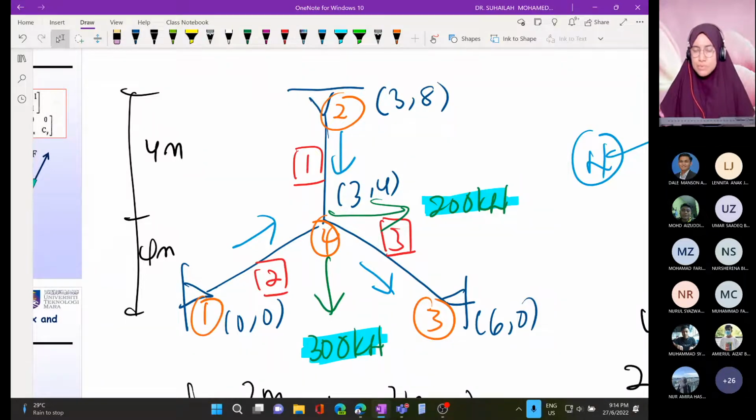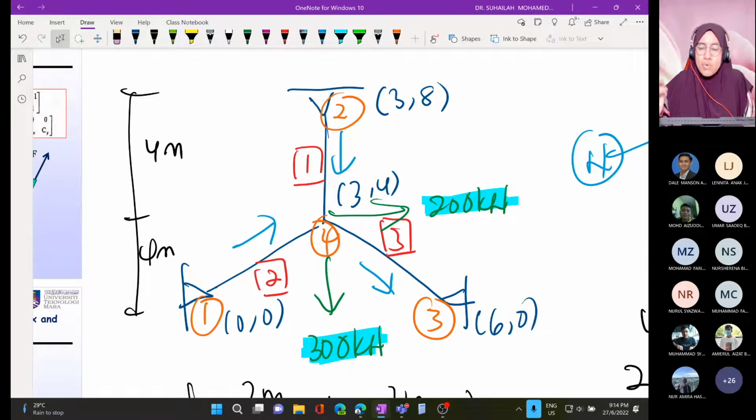Okay, what is Q2? What is the value of Q2?